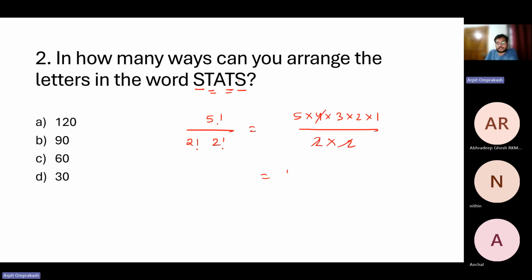So it's 5 into 3 into 2. So 6 into 5, which is 30. So the answer here will be option D, that is 30. Okay.